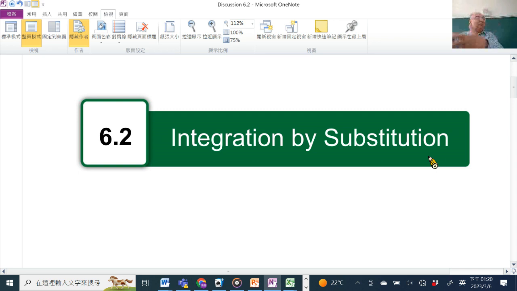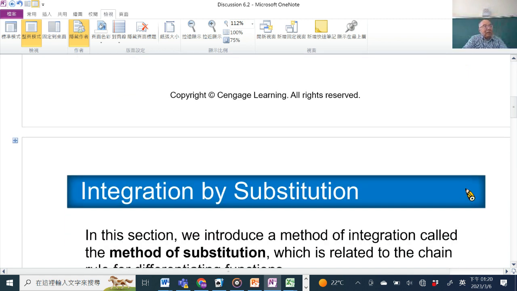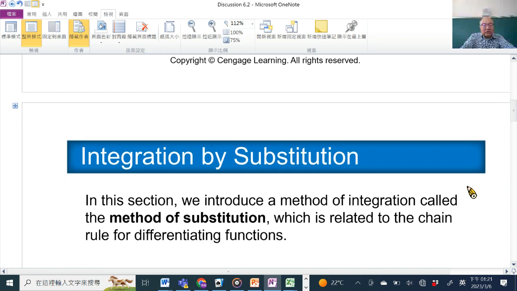Then I can extend you to triple your original. Substitution means we are going to substitute something in a new integration form into a new type with a simple format which can fit into the basic rules we already learned in 6.1. So the key issue is to find a term to be substituted.